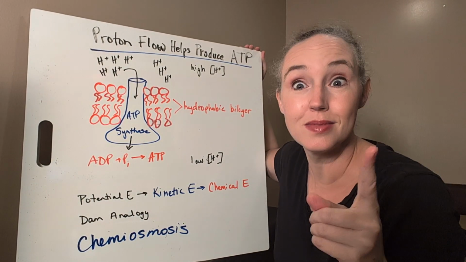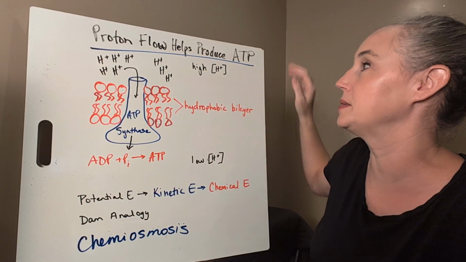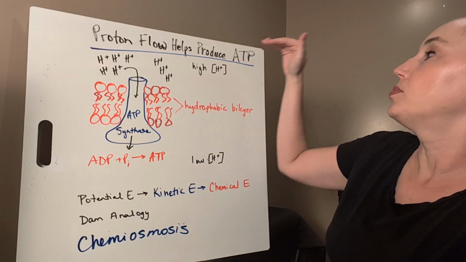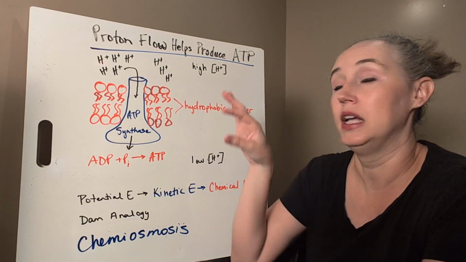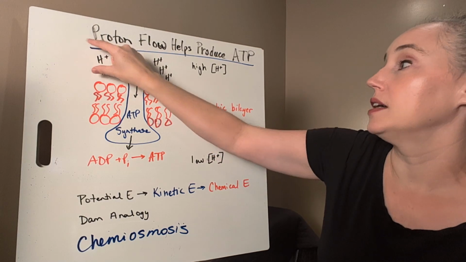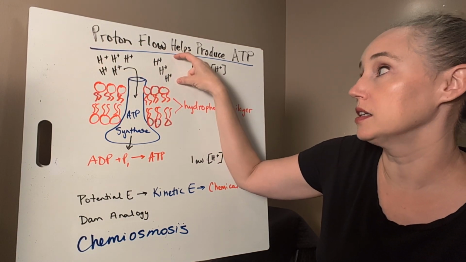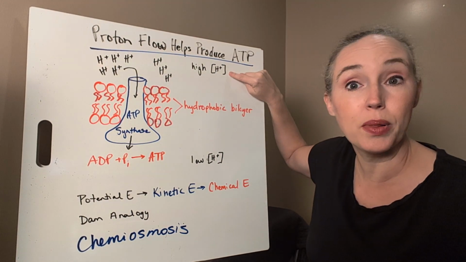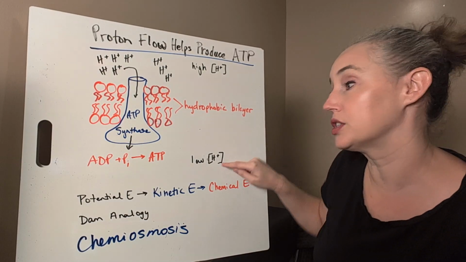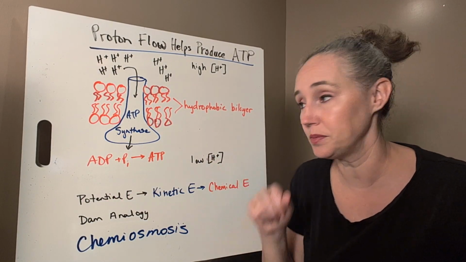So, I told you ATP synthase was coming. Proton flow is going to help produce ATP. Now, let me show you my model here. I've got, again, my high concentration of H plus ions up here. I've got a low concentration of H plus down here, relatively.